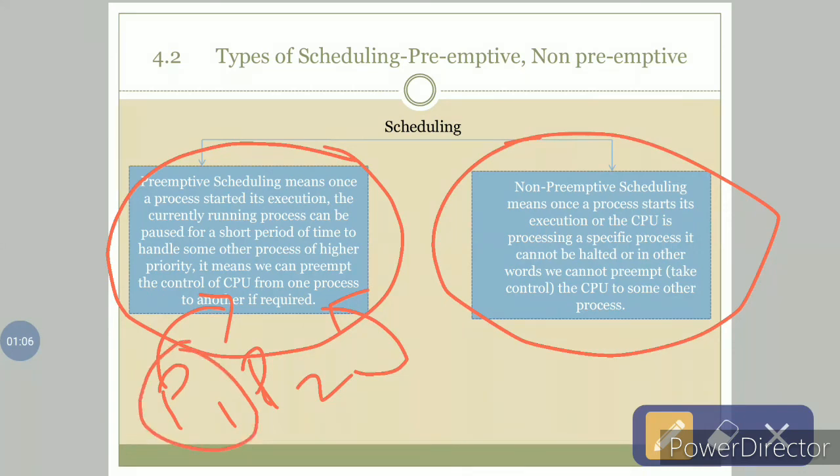But in case of non-preemptive, this mechanism cannot be considered. If P1 and P2 both want to enter, first P1 has to finish and only then will the CPU be allocated to P2. So this is the overall picture of preemptive and non-preemptive scheduling.